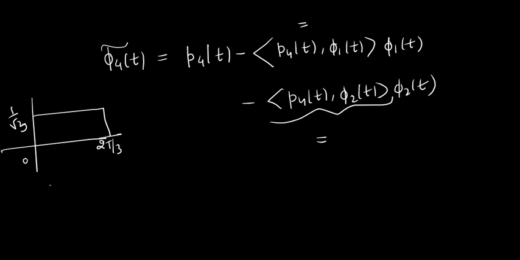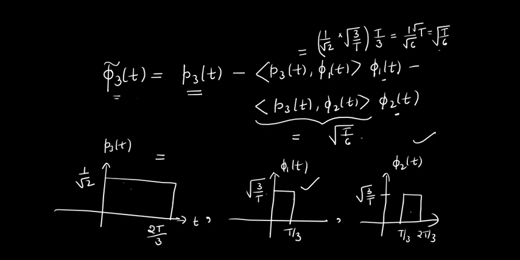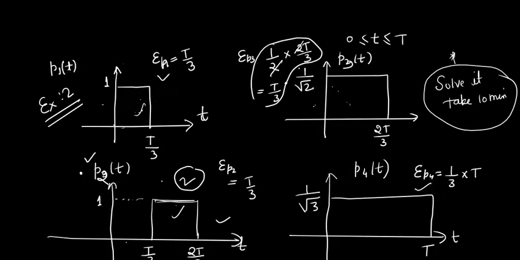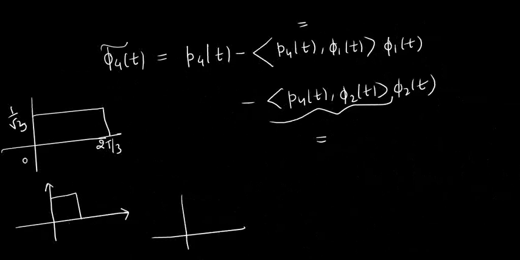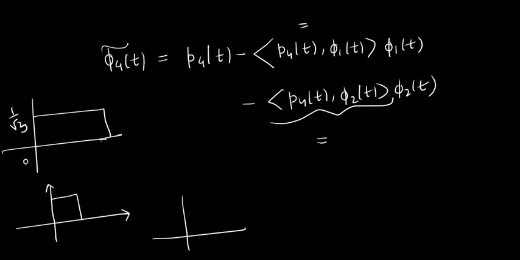And phi 1 t and phi 2 t, one second, 0 to t by 3. Something wrong, yeah, 0 to t should be. So it is 0 to t by 3, t by 3 to 2t by 3.